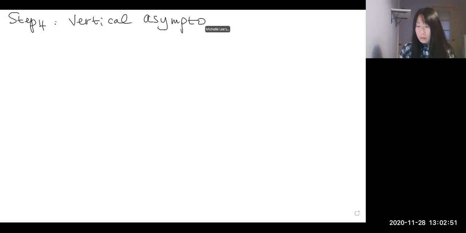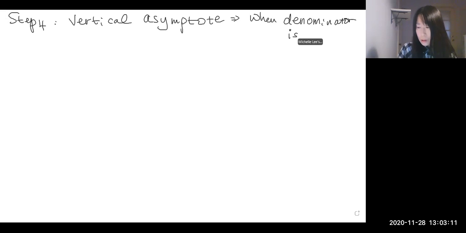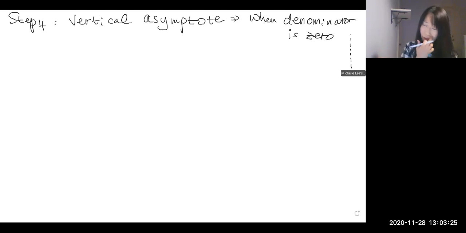What's the definition of a vertical asymptote? Let me write it down. When the denominator is 0, it's undefined, right? When undefined, then a vertical asymptote exists, so it looks like that vertically, okay?